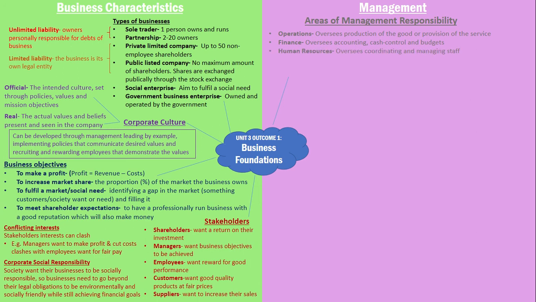Human resources also need to be managed, that is, looking after staff and their entry and exit from the business. Sales and marketing are responsible for promoting the business and selling the good or service to the public. And technology support management covers all aspects of the business's internal technology.